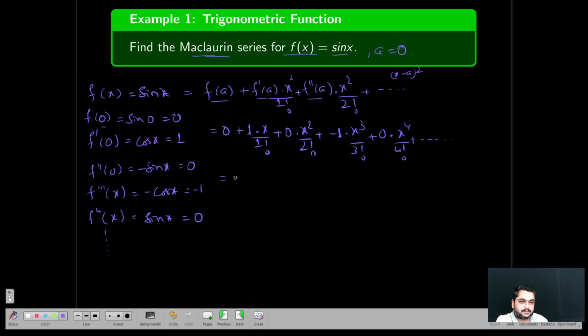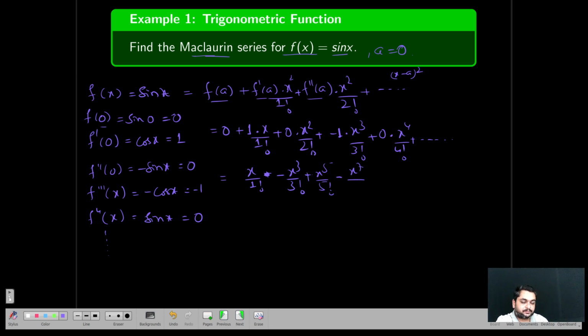If I see this, I'm getting x by 1 factorial plus 0, then minus x cube by 3 factorial, then plus 0, then if I go to the fifth term, it will be x to the power 5 by 5 factorial, and then minus x to the power 7 by 7 factorial.